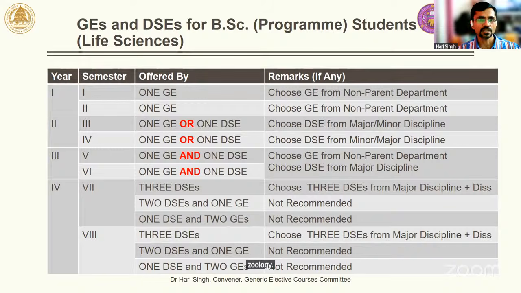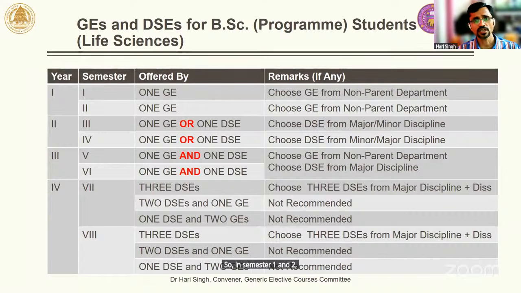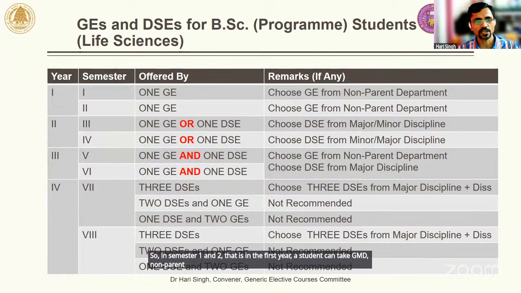A student can have a minor in any other discipline, excluding these three.